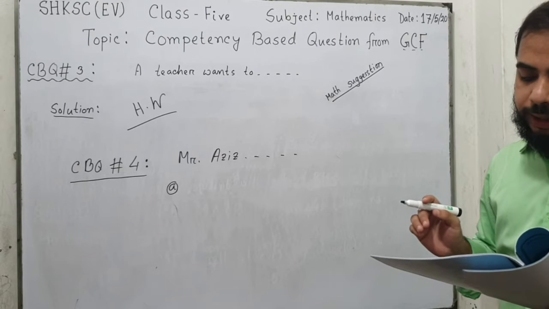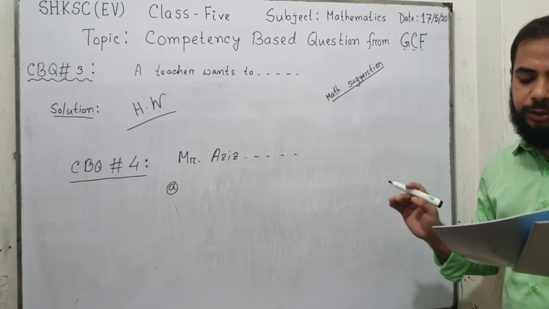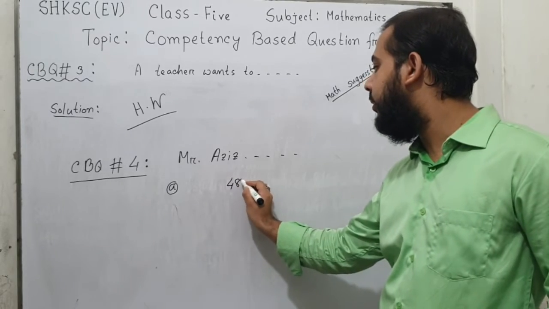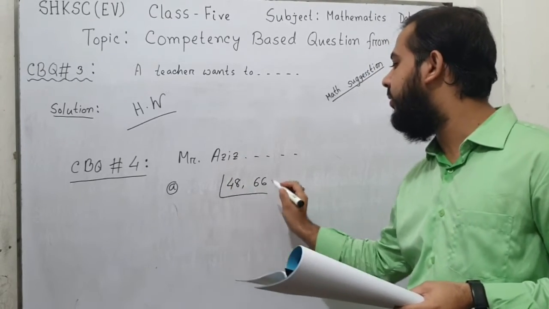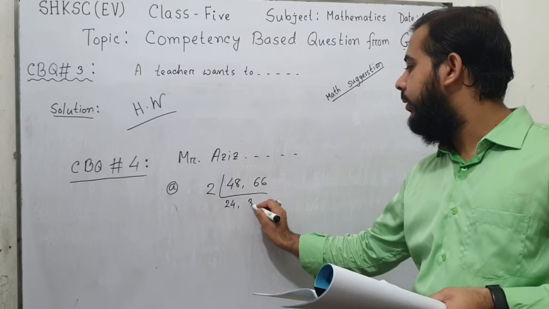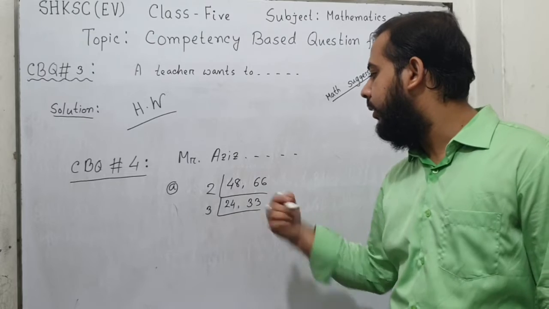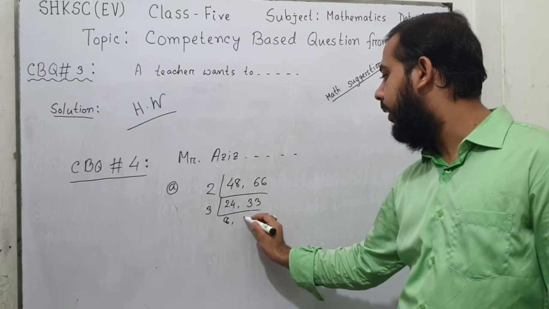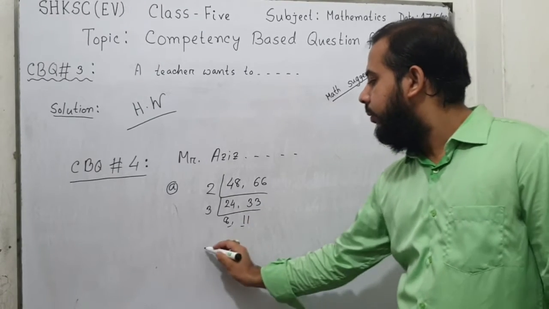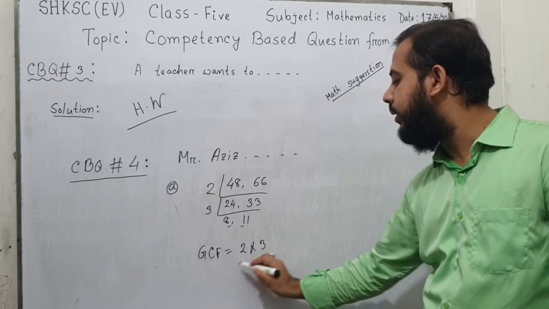You cannot find the GCF of all 3 numbers, black, red and yellow. The question asks only red and yellow, which are 48 and 66. We just find the GCF of 48 and 66. Dividing, we get 24 and 33, and now we cannot divide further, so the GCF will be 2 times 3, that is 6.